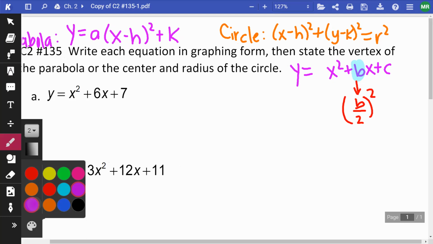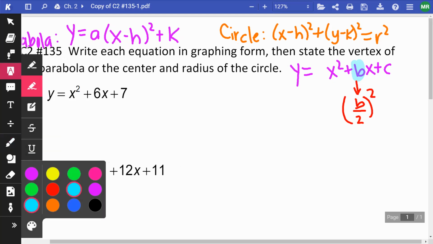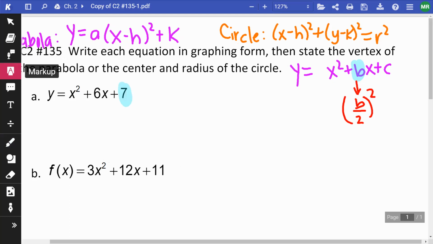So on the very first problem here, what I generally do is when I have a number, like I do on letter A or letter B, that is a constant, probably not helping us make it a perfect square, I usually just take it to the other side. So I'm going to go y minus 7 is equal to x squared plus 6x.